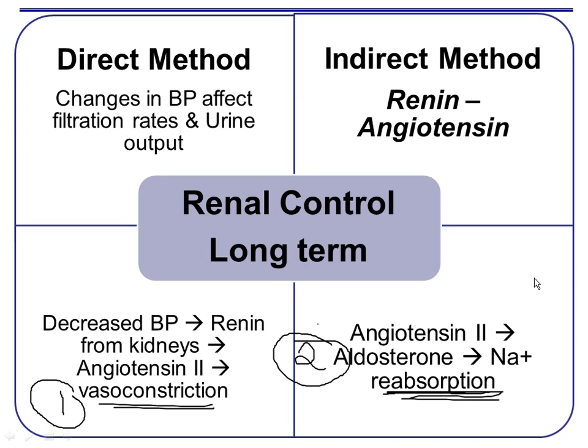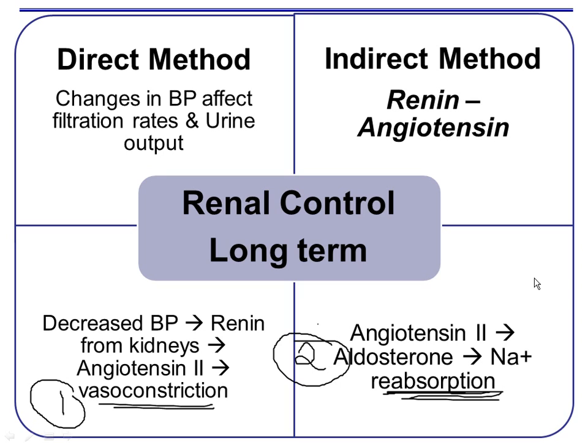So again, if blood pressure was low for a period of time, kidney would secrete renin. Renin causes conversion of a precursor molecule to angiotensin II. Angiotensin II does two things. It stimulates vasoconstriction, which increases resistance to increased pressure.